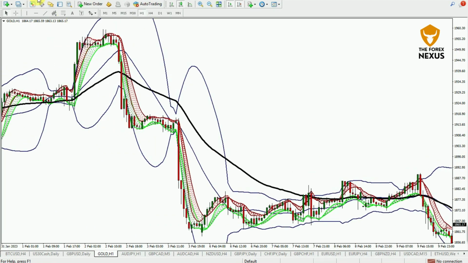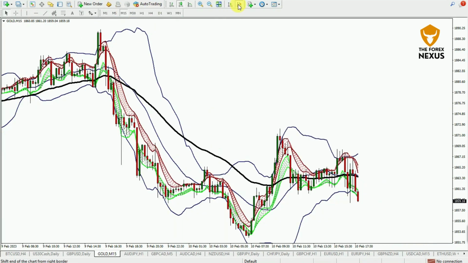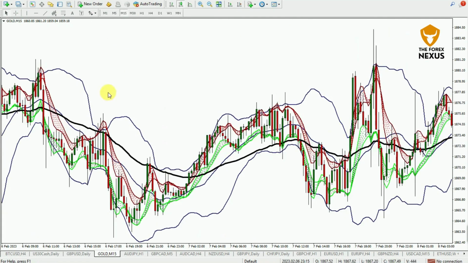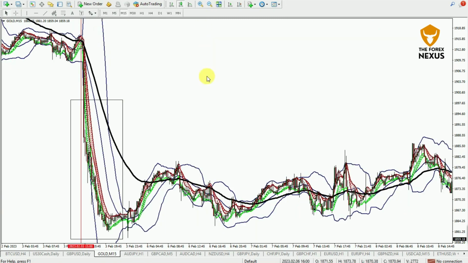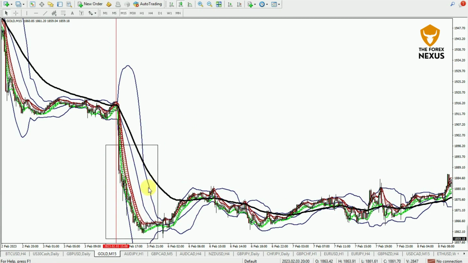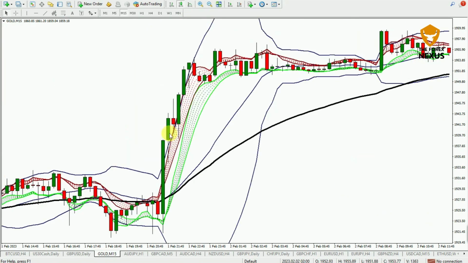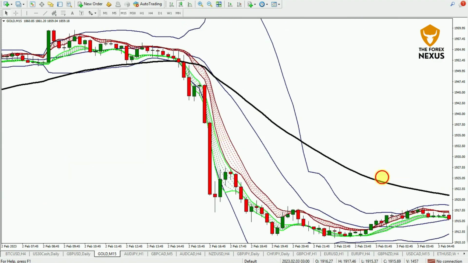Let me mark this area. And let's move to M15 here. Here you can see the market also showing expansion, right? The market is also showing that it is dropping more on the second time frame as well.